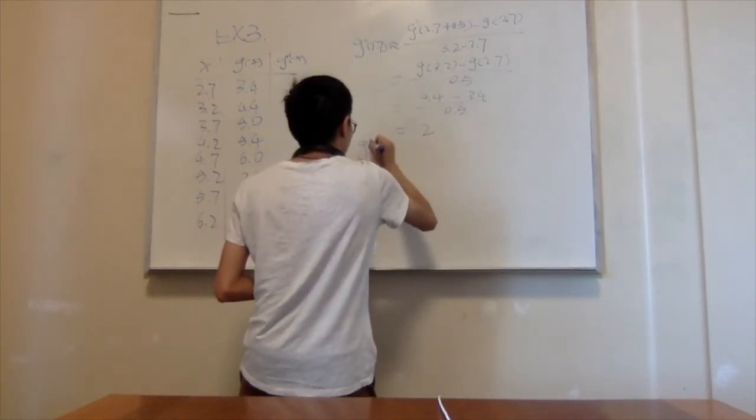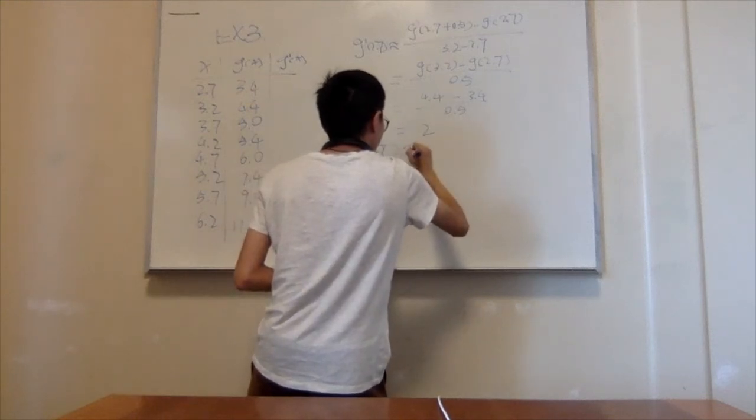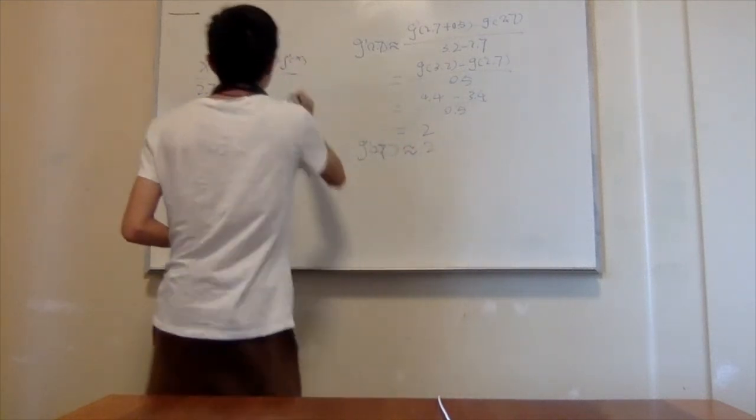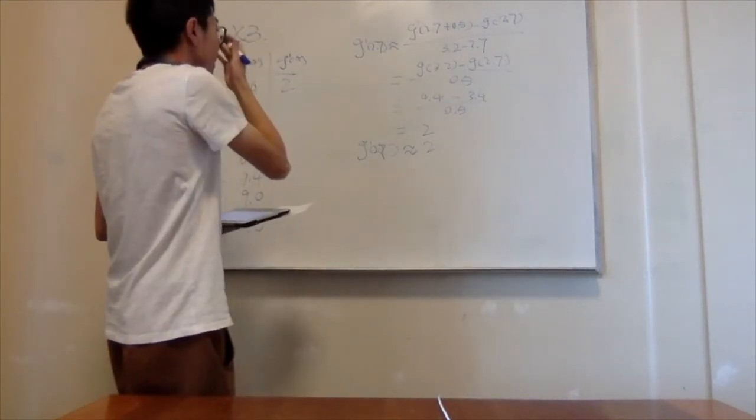So g prime of 2.7 is estimated to be 2. Got this one.